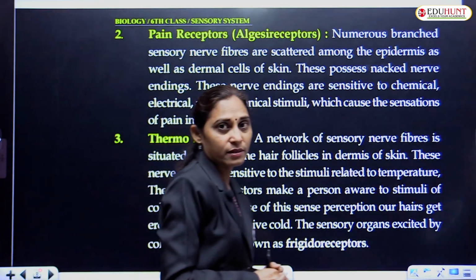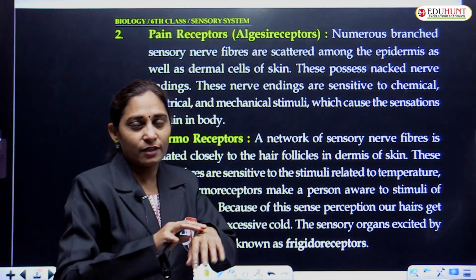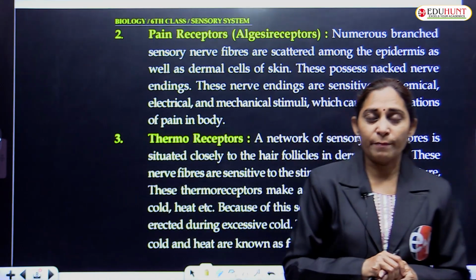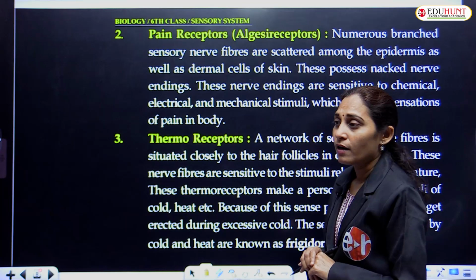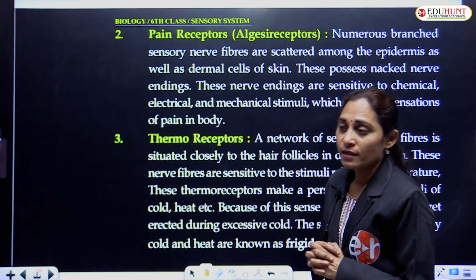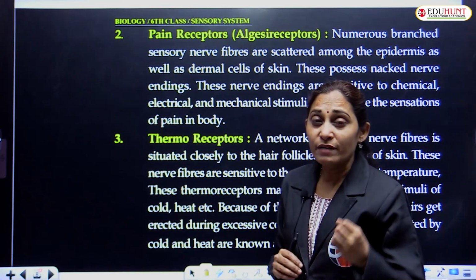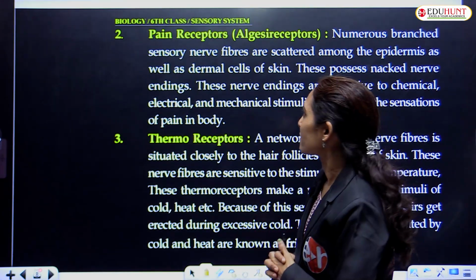Next is pain receptors. First is touch receptors, simple touch and pressurized touch. The receptors of simple touch situated in the dermis are Meissner's corpuscles, and the touch in the form of pressure is received by the Pacinian corpuscles.